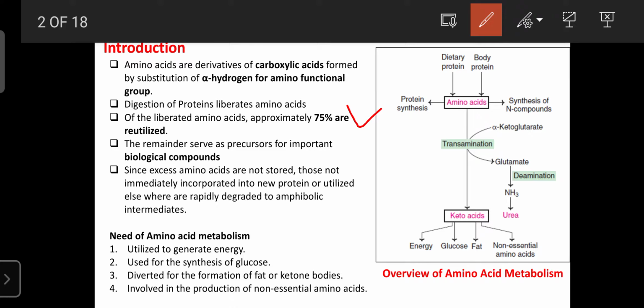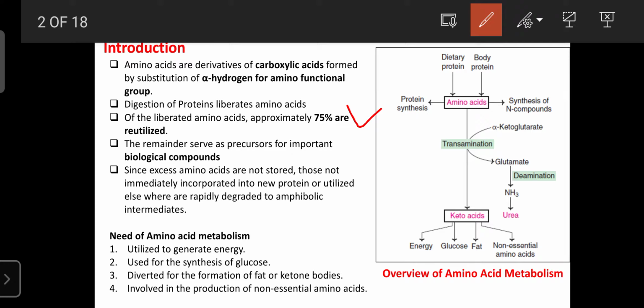Okay, so 75% of the liberated amino acids are reutilized for synthesis of new hormones, new proteins, enzymes, development of organs, or formation of plasma membrane. Certain proteins are required for formation of organelles or cell multiplication. According to the situation, these amino acids are utilized in the synthesis of proteins.